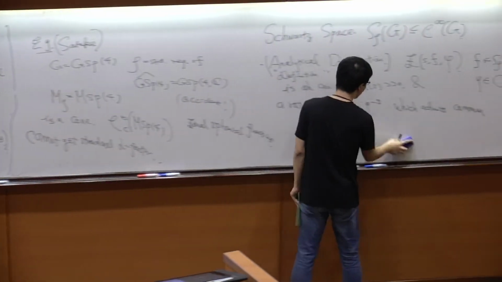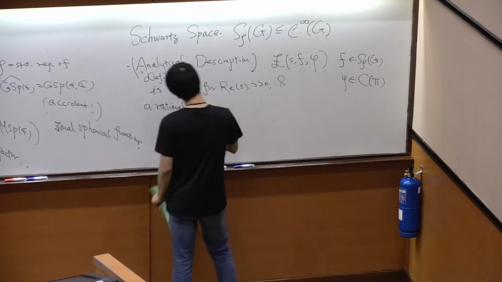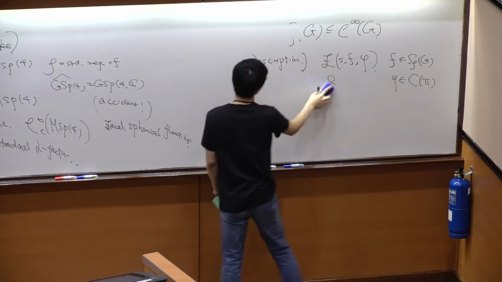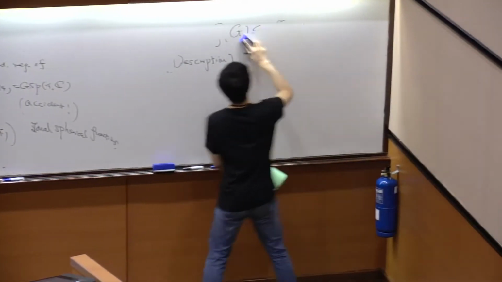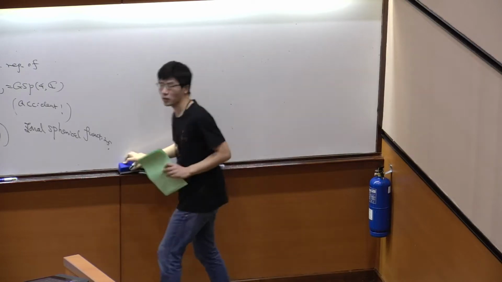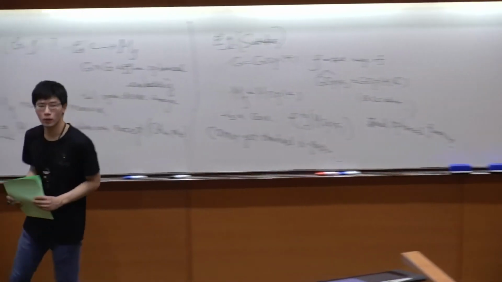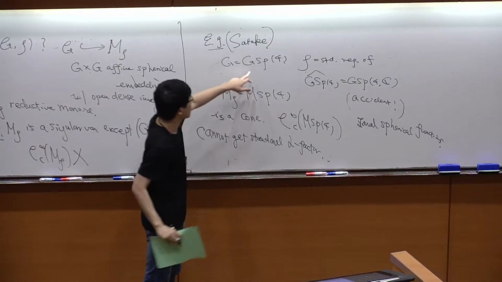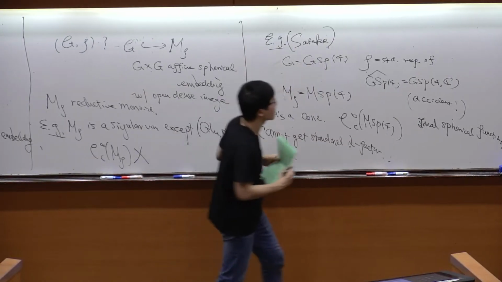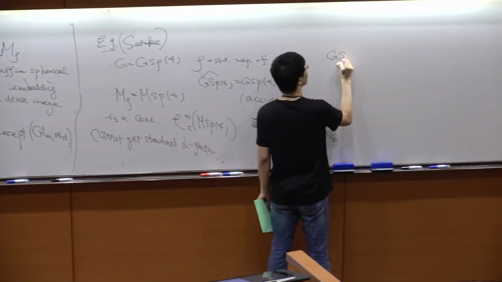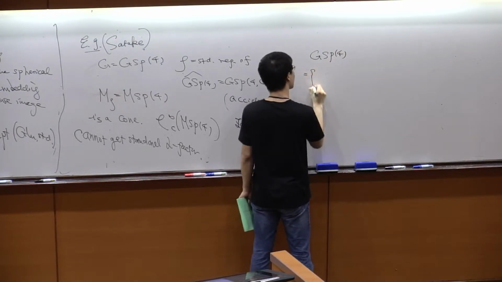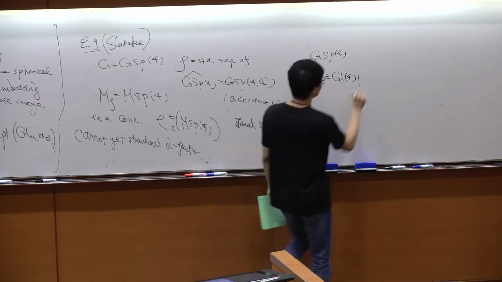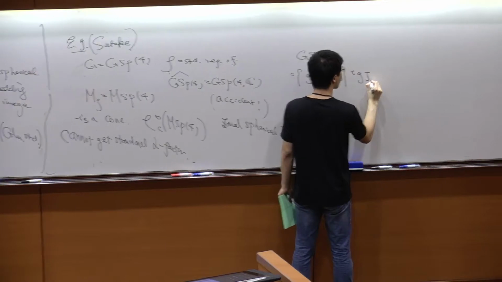Finally, let's give an overview of the geometric description of the Schwartz space. So any questions? Let me briefly mention, in the GSp4 case, how you define the group GSp4.